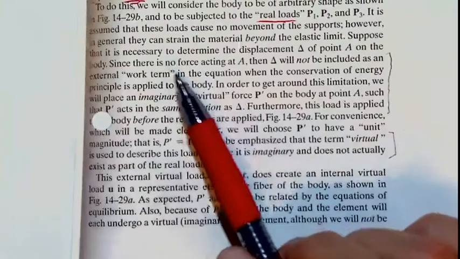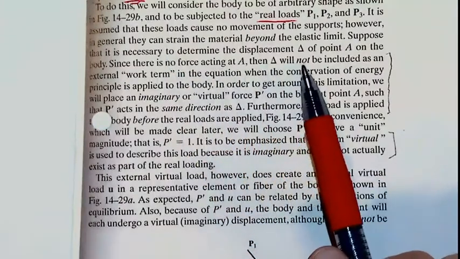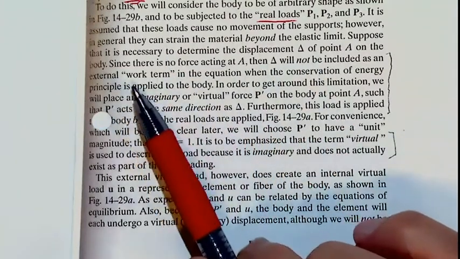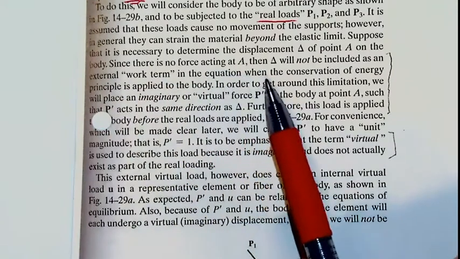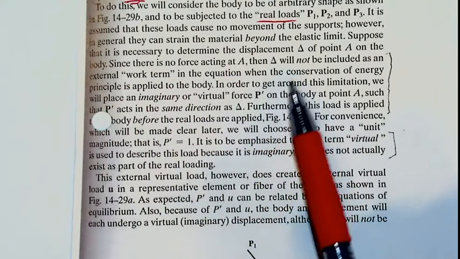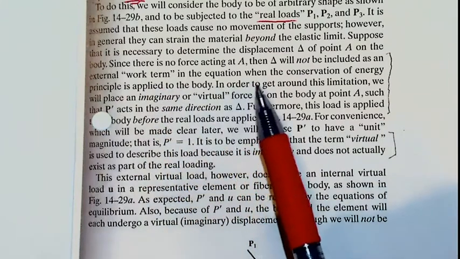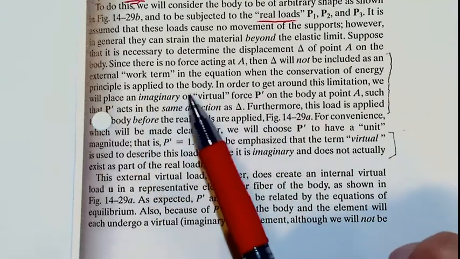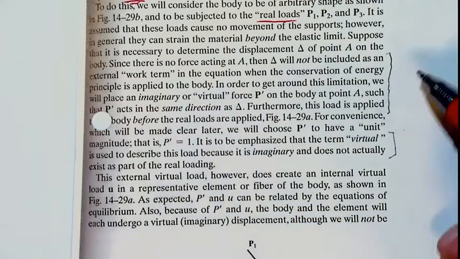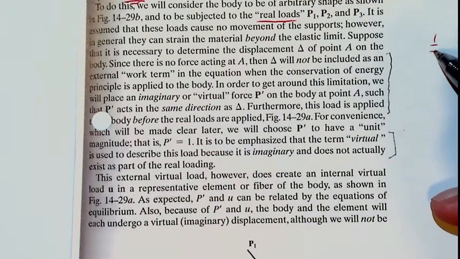Suppose that it is necessary to determine the displacement delta of a point A on the body. Since there is no force acting on A, delta will not be included in an external work term in the equation when the conservation of energy principle is applied to the body. Because if we had a load, then we would have 1/2 P times delta. But we don't have a load here, so we cannot write this.